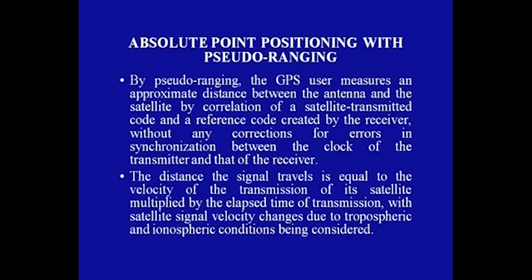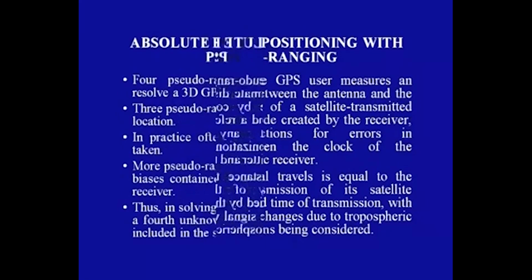The distance the signal travelled is equal to the velocity of the transmission of its satellite multiplied by the elapsed time of transmission, with satellite signal velocity changes due to tropospheric and ionospheric conditions being considered.